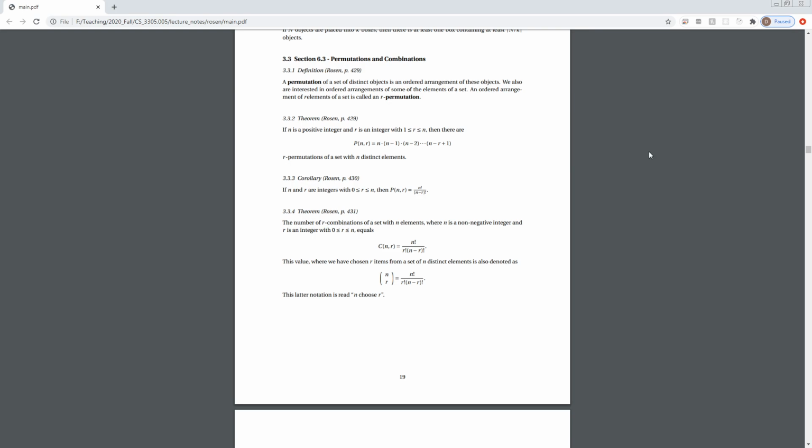Then if we combine that with the second choice, there would be 11 remaining offices for the next person. If we continue that on so that we have 12 employees and they each get to pick an office, then there are 12 times 11 times 10 times 9 times 8 times 7 times 6 times 5 times 4 times 3 times 2 times 1 possible assignments of those 12 offices to those 12 individuals.